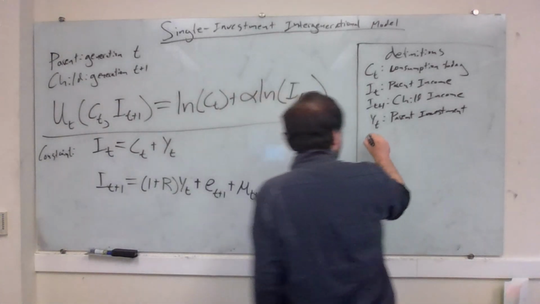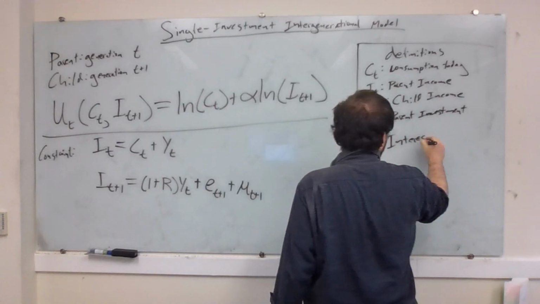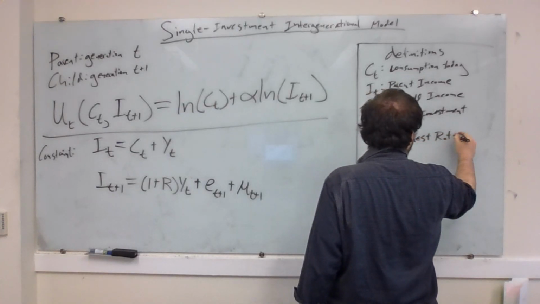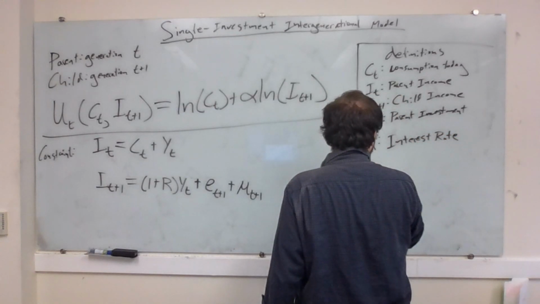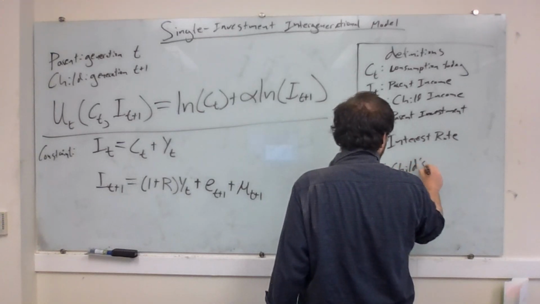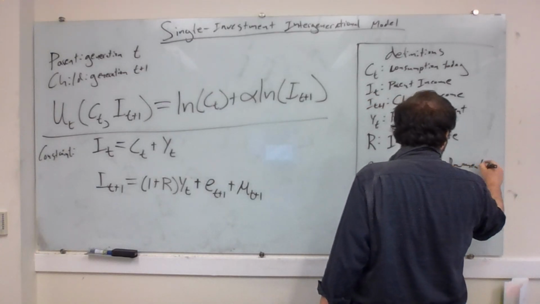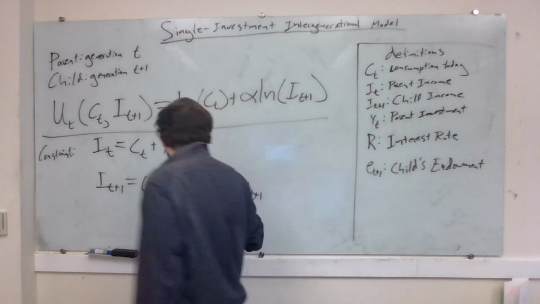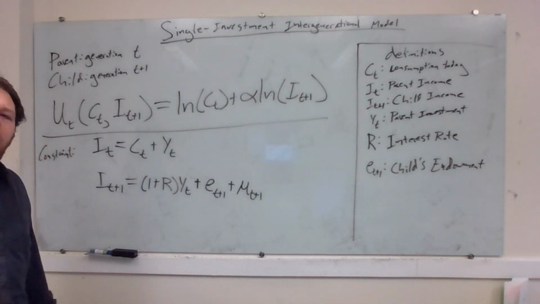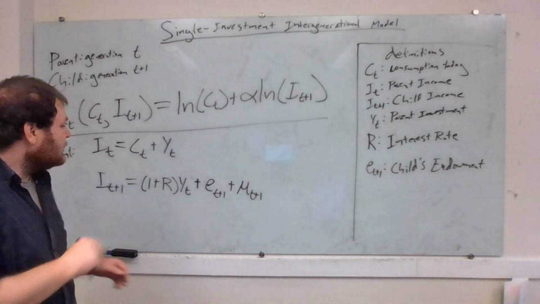So we've got an interest rate, which is given by R. E_{T+1}, we're going to call the child's endowment. And this is essentially going to capture any sort of advantages that we might expect to be transmitted from parents to children effortlessly. This might include genetics, things like height.